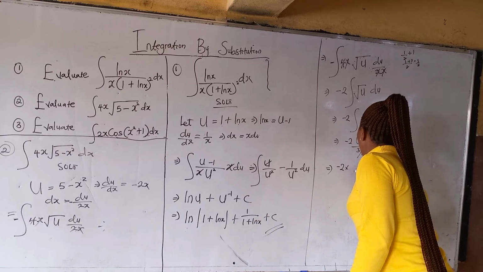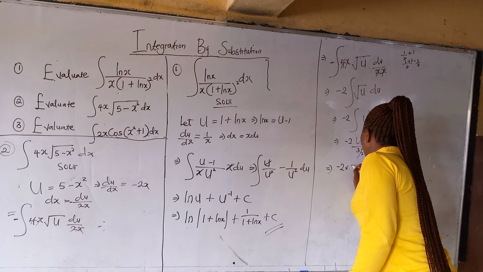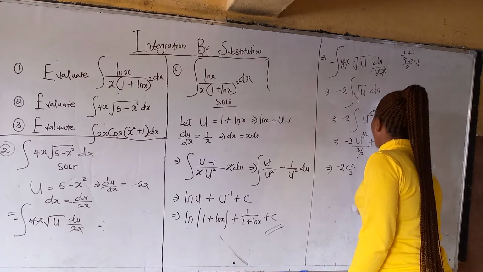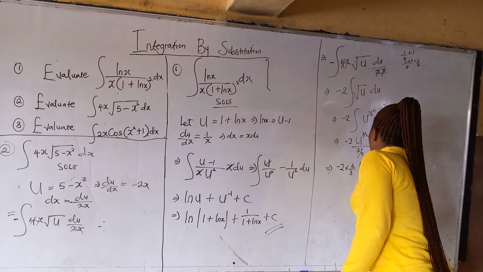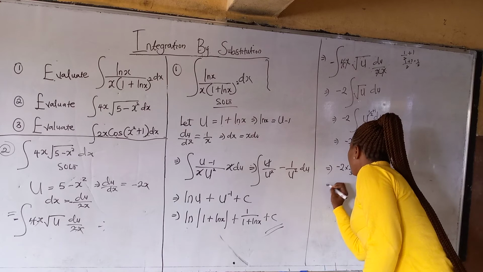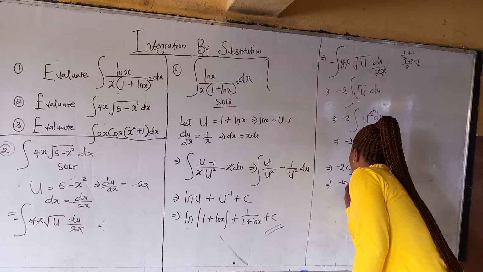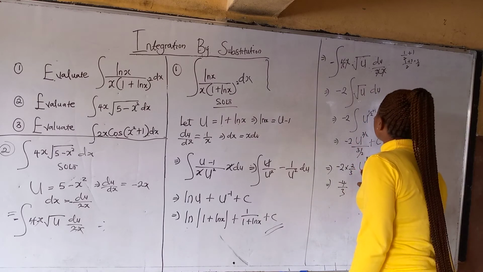Now we are going to do this properly, and that will be minus 2 times, we invert this to be 2 over 3, u raised to power 3 over 2 plus C. And that will be minus 4 over 3. And what is my u?